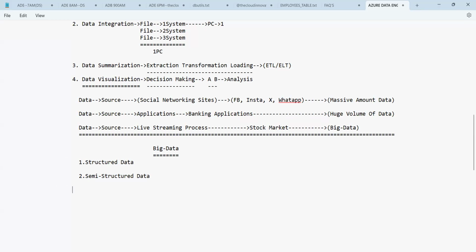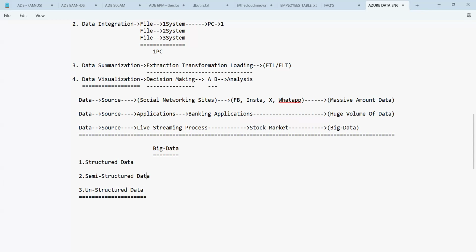And the third one is unstructured data. So the data is classified into three categories: structured data, semi-structured data, and unstructured data.